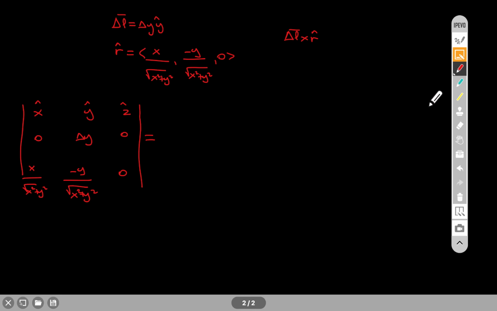So when I find the x hat component, that's the way that I remember it, I'm gonna cross out that column and that row, and I'm gonna do delta y times 0, so I get a 0, minus 0 times this, which also gives me a 0.